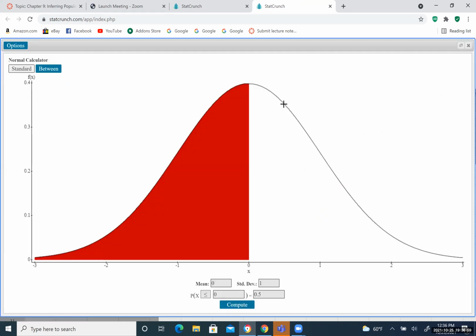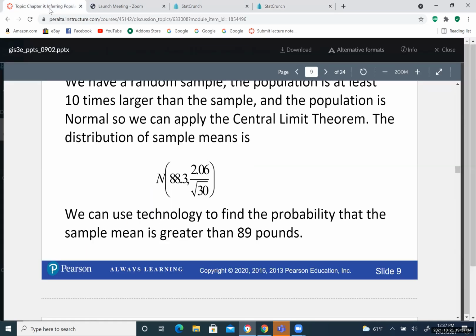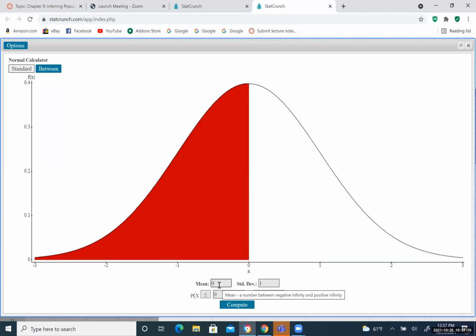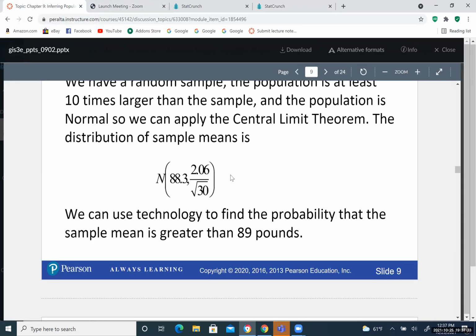So we have this graph. The mean that we have is 88.3. I type it in. For the box for standard deviation here, I'm not going to write the standard deviation only, but I will figure out the standard error, using my calculator by hand.